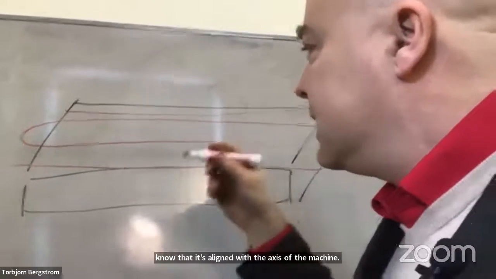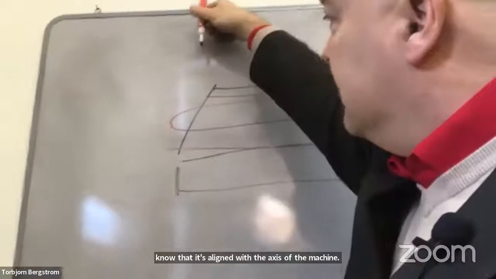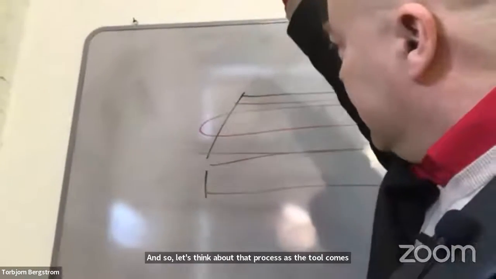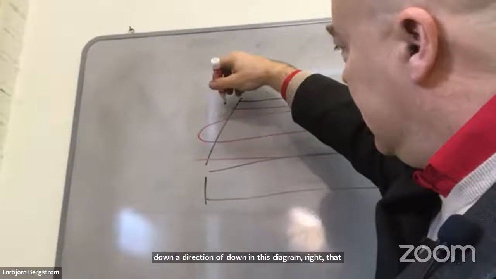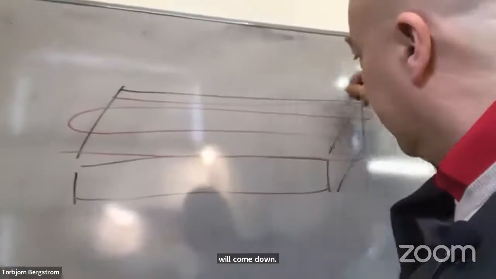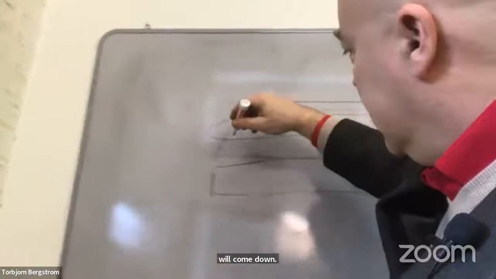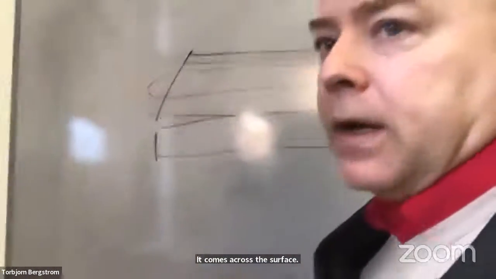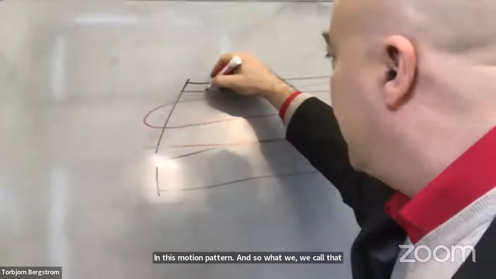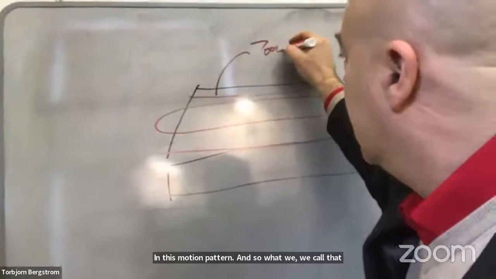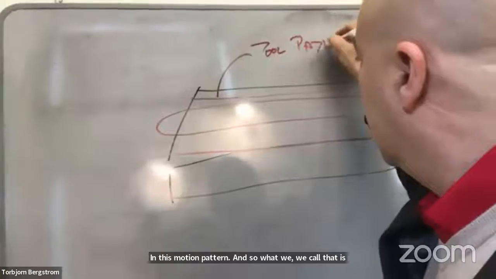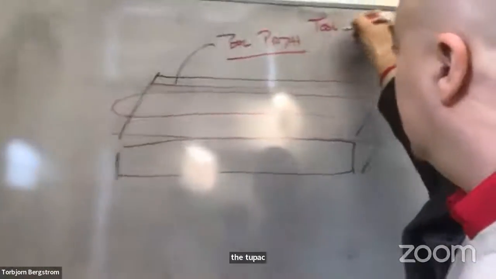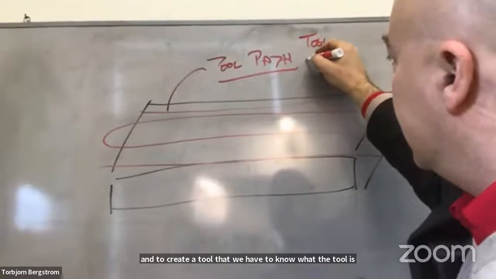So let's think about that process as the tool comes down. I guess this direction is down in this diagram, right? The tool comes down. It comes across the surface in this motion pattern. And what we call that is the tool path. To create a tool path, we have to know what the tool is, and we have to know what the stock looks like.